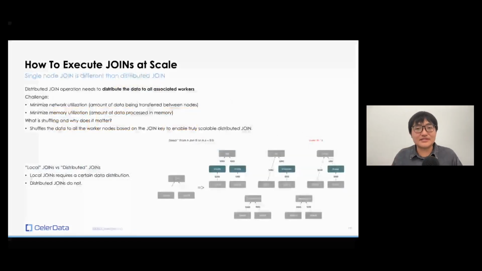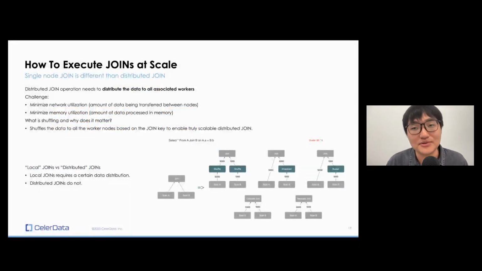Okay, now let's take a look at how to execute joins at scale, right? First, we want to understand that a single node join is very different from a distributed join, because a distributed join brings much more overhead to the whole system, and planning a single node join is very different from planning a distributed join, right?